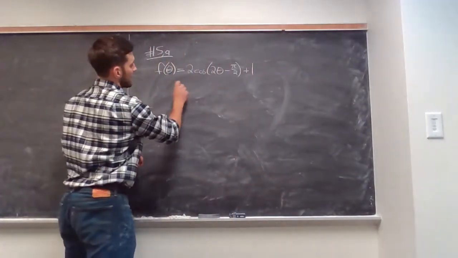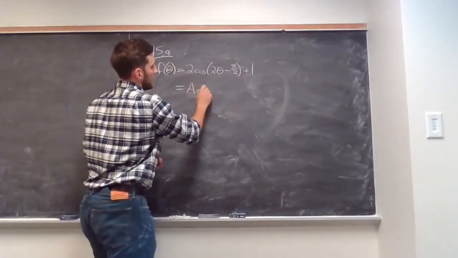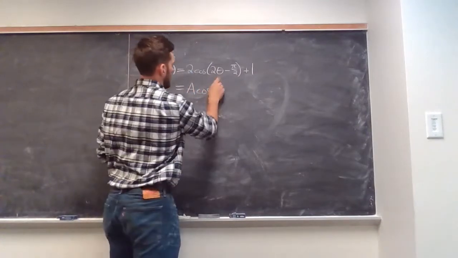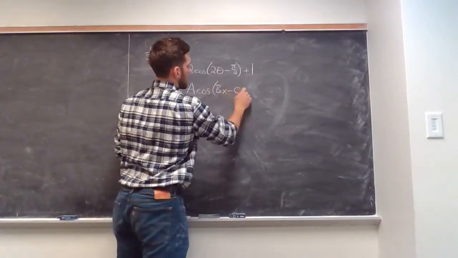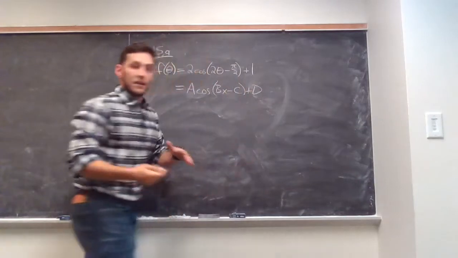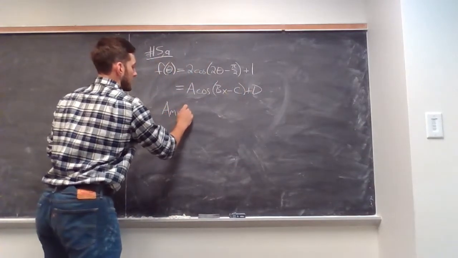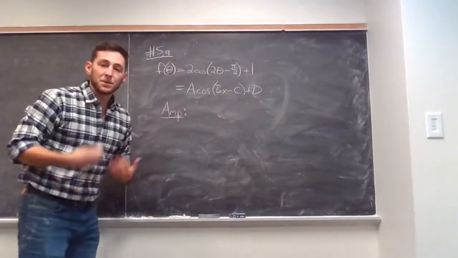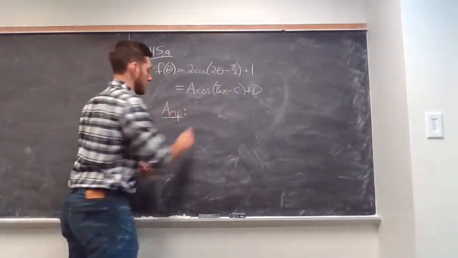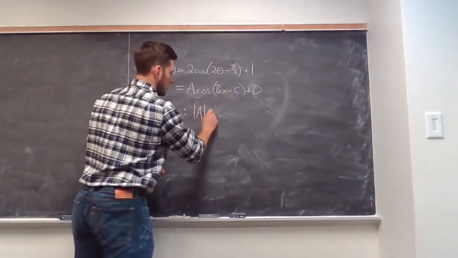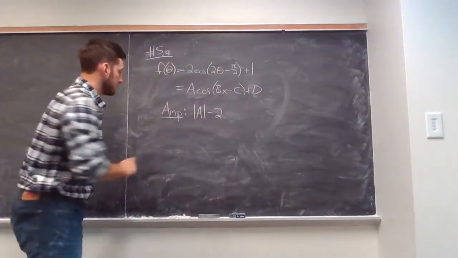Remember when I have something of the form A cosine or sine of bx minus c plus d, the amplitude is going to be the absolute value of A. It's just the number out here, which is 2.